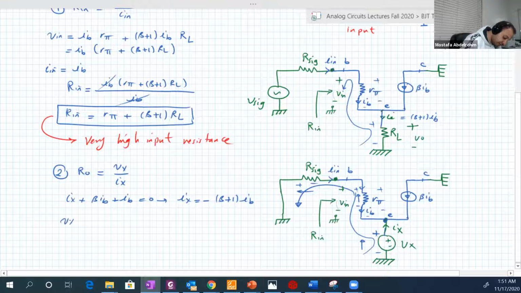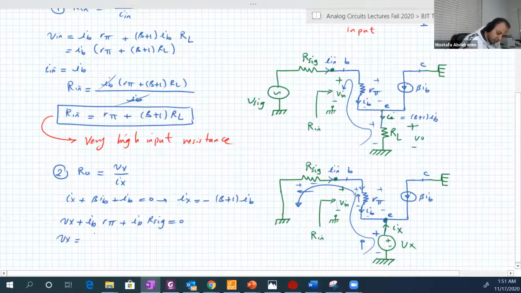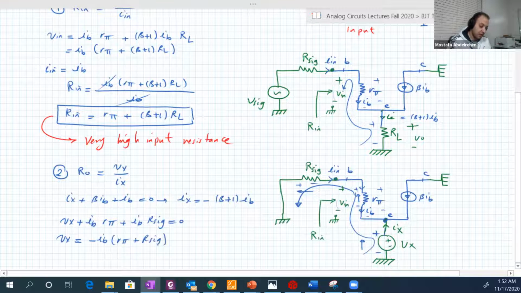So Vx plus the voltage across R pi, which is IB R pi, plus the voltage across R signal, which is again IB R signal, is equal to 0. So Vx is equal to minus IB (R pi plus R signal). Good.